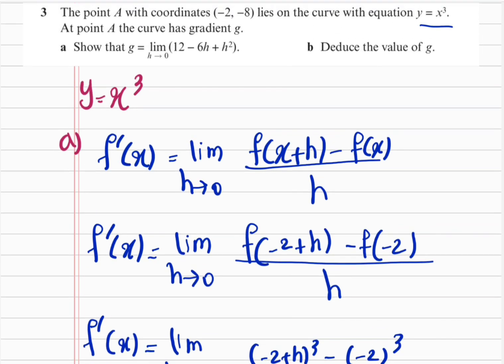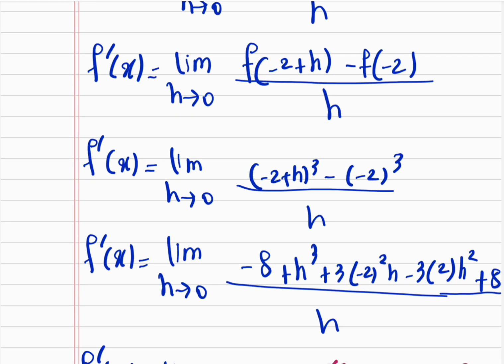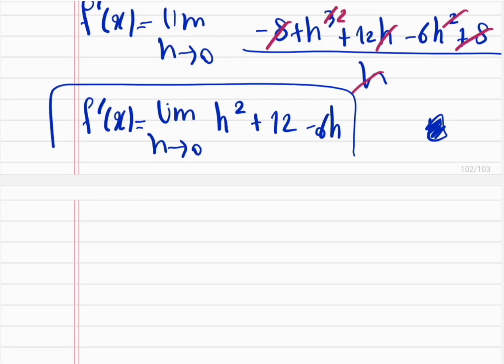Now part b is basically finding the value of g and solving this limit. So for part b, we need to see what's the limiting behavior of this function and what happens as the value of h tends to 0, just gets extremely small. We need to always write this down.